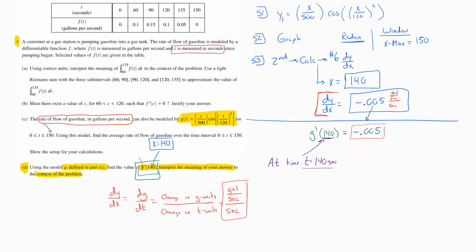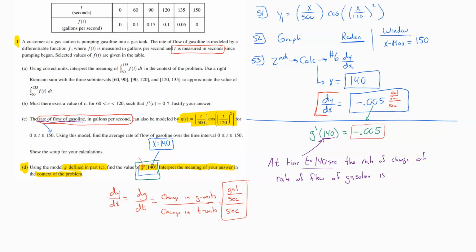So at that x value, the rate of change, because we've taken a derivative, of whatever the y value is, the rate of change of the rate of flow of gasoline. Sometimes you just have to have a process and plug the pieces in, because it doesn't always make the most sense in terms of real-world stuff.